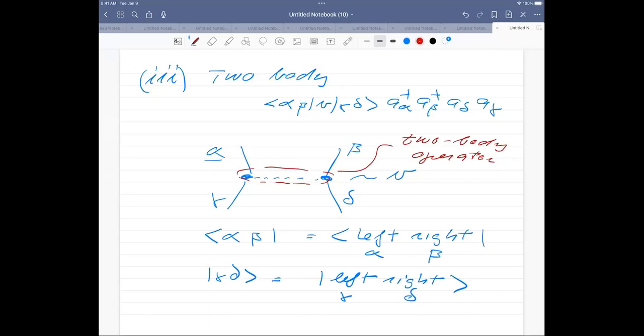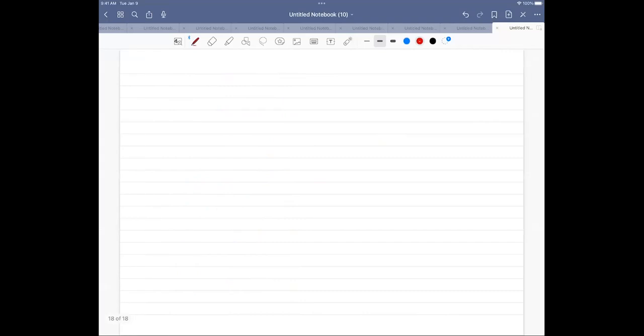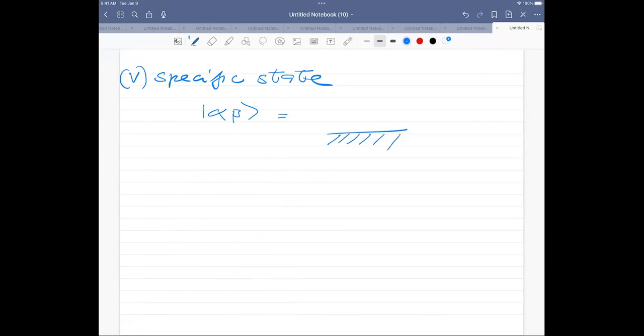So let's now move to the next thing, which is a specific state. So this will be 4. And if we now have a state, let's say alpha beta, we are going to label this one in a specific way, because this is also the way Shavitt and Bartlett use it.